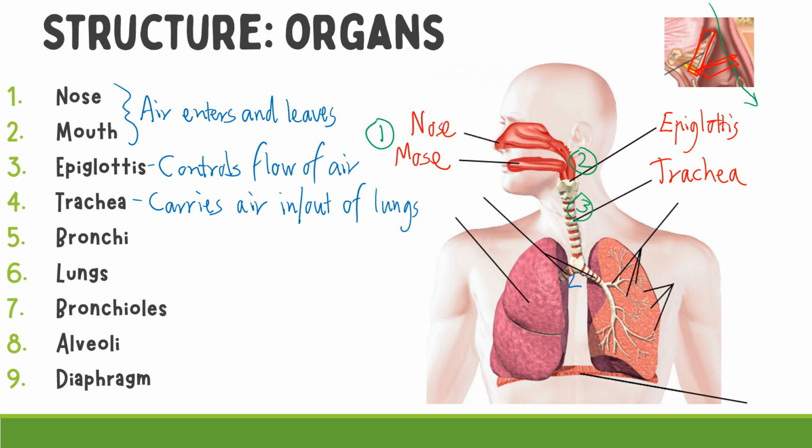And so that's these two small windpipes here. Bronchi is plural, and one of them, if you're talking about just one, is called a bronchus. And again, they carry the air in and out of the lungs into each separate lung. Now the air splits into these even smaller windpipes, which are called bronchioles.